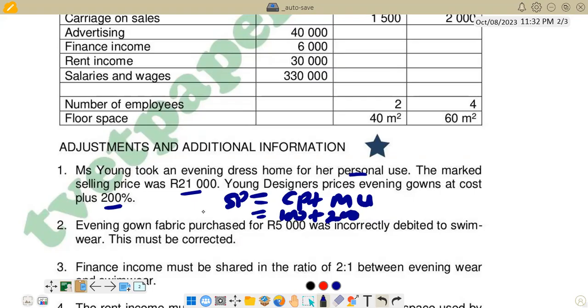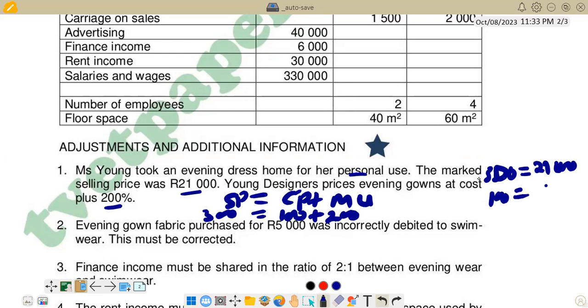So our selling price is 300%. In other words, 300% is equal to 21,000, and we are looking for 100%. We make a proportion.